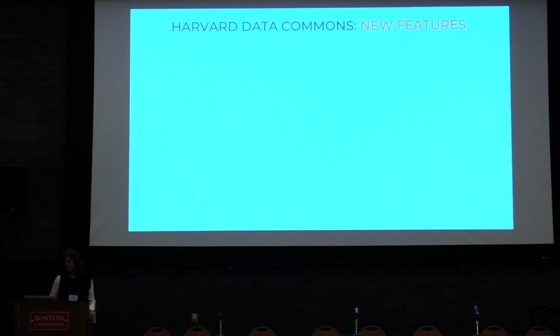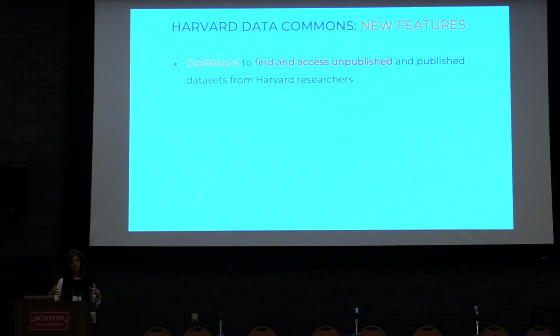So some of the new features this will bring: the first will be a dashboard where you can find these unpublished data sets for the research community, right? Not only the published ones that you can already find now in the Harvard Dataverse repository, but also the ones where researchers are doing active research.